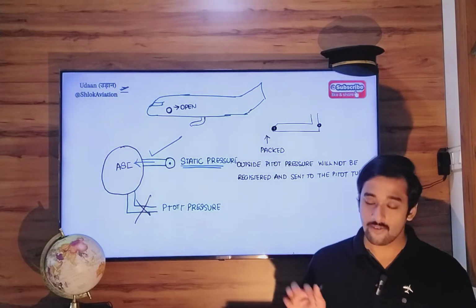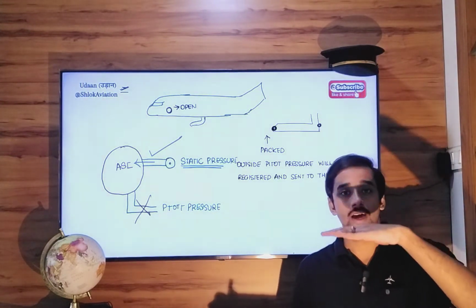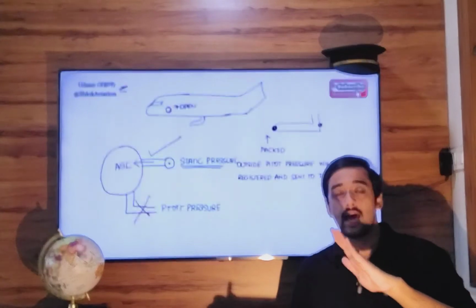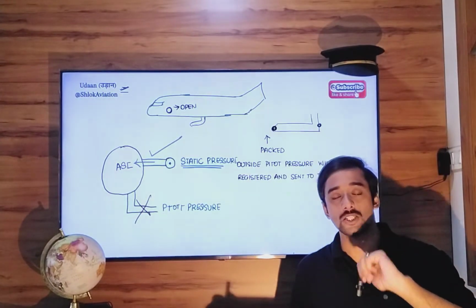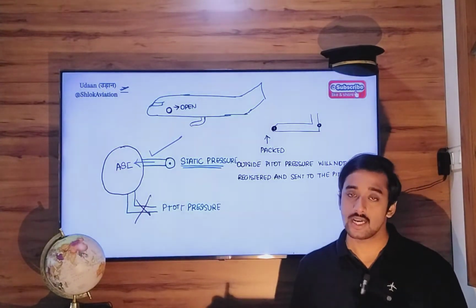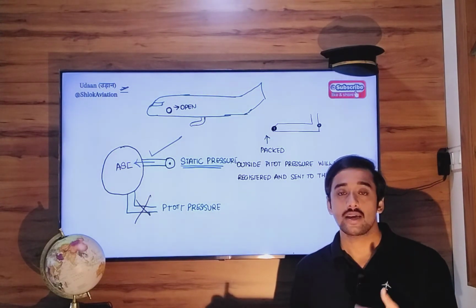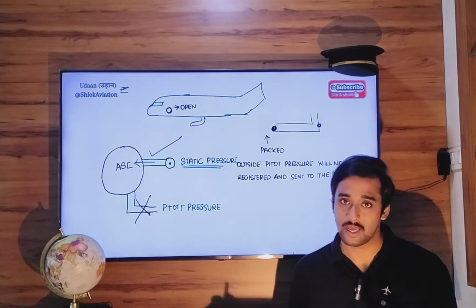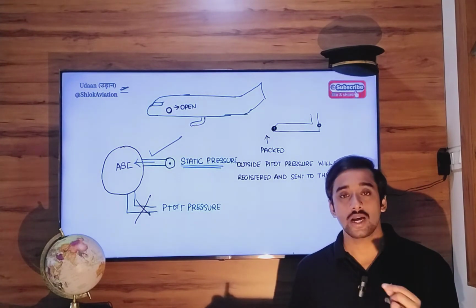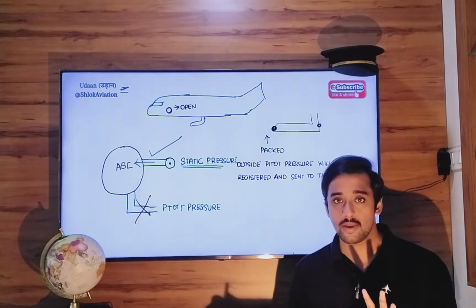So if the aircraft climbs, let's say from 5,000 feet to 10,000 feet, as it climbs, what happens to static pressure? Static pressure decreases. This decrease in static pressure is indicated by an increase in altitude by your altimeter. Okay, right? So the airspeed indicator will also behave like an altimeter.